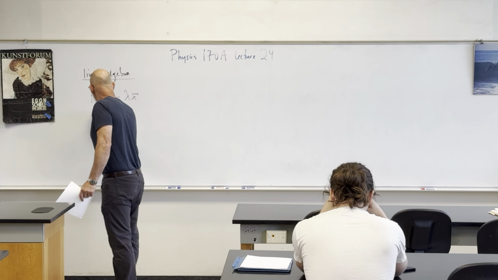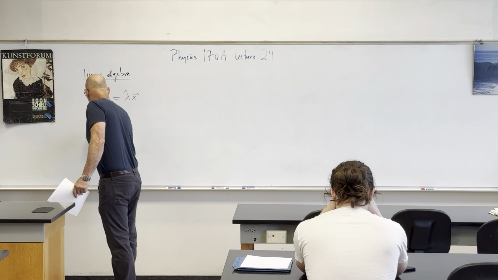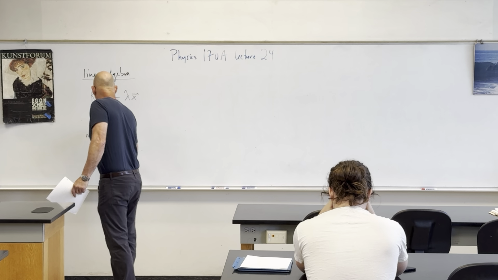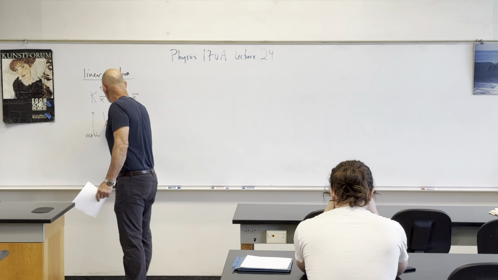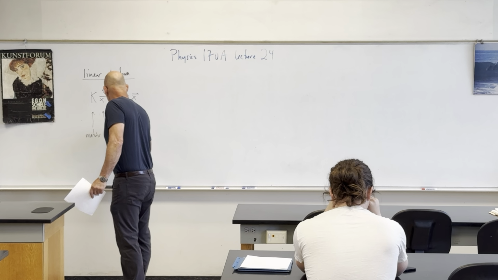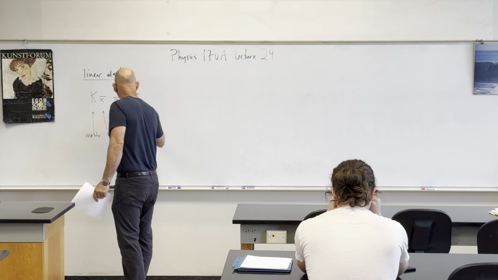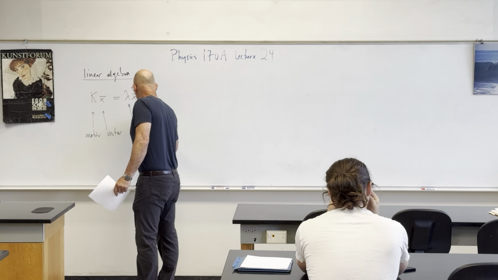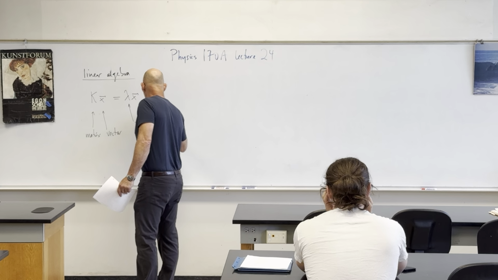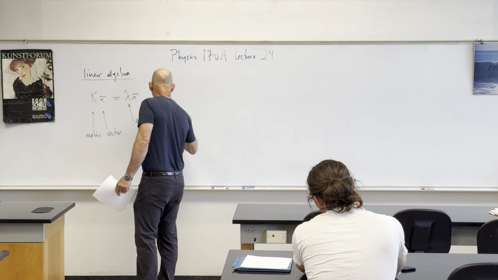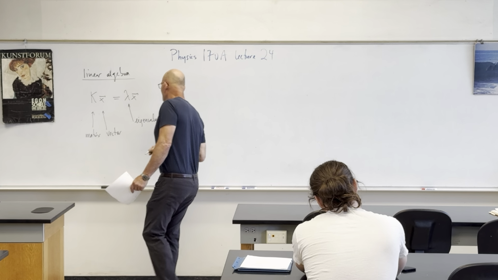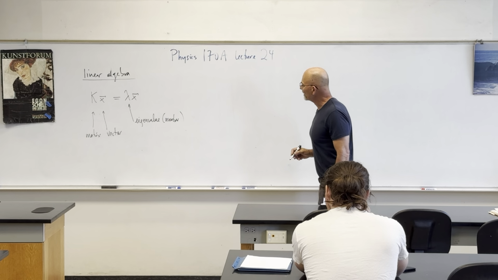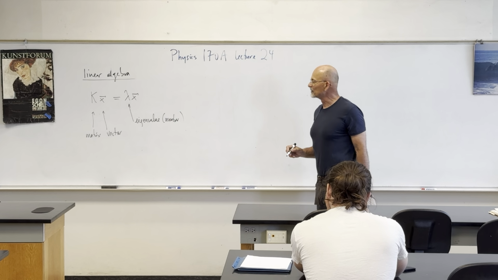So this was a square matrix, and this was the vector, and this here, the eigenvalue, was just a number. Right, so that's the structure of what we were doing. That had come out of the 2 masses, 3 springs problem.